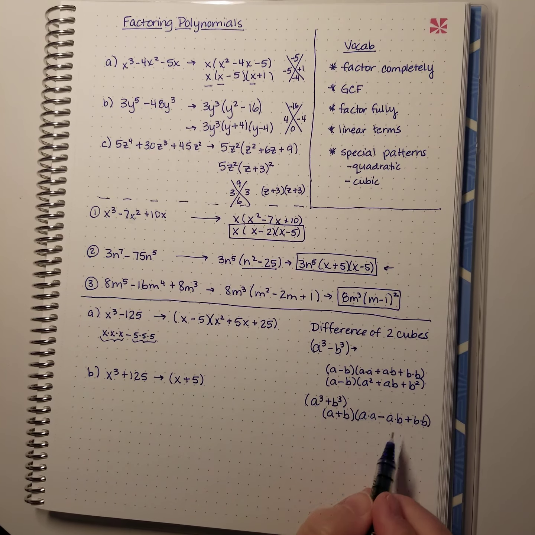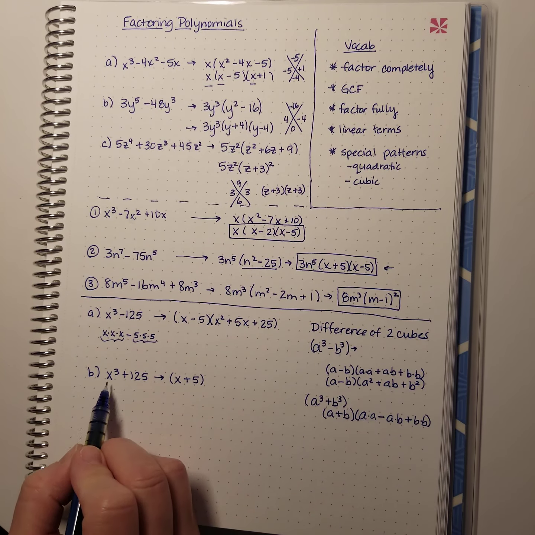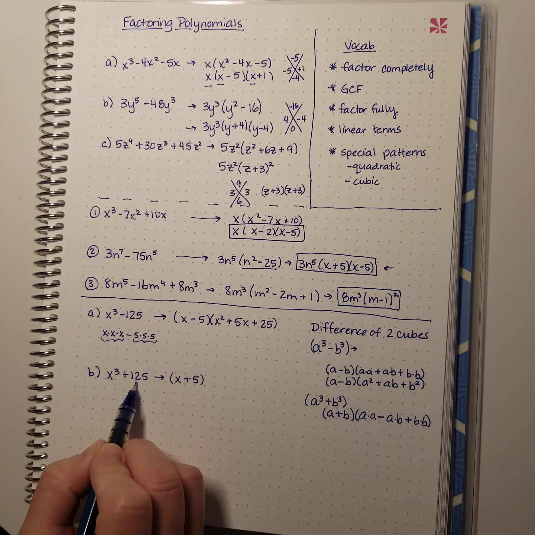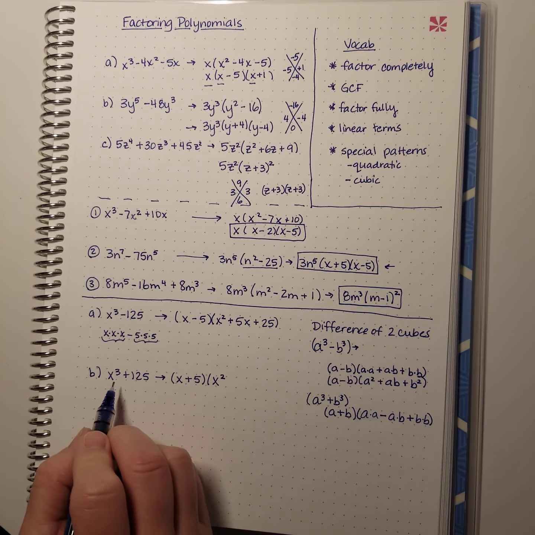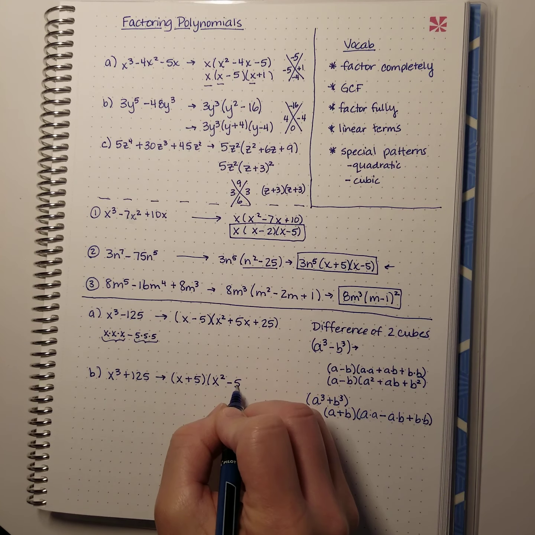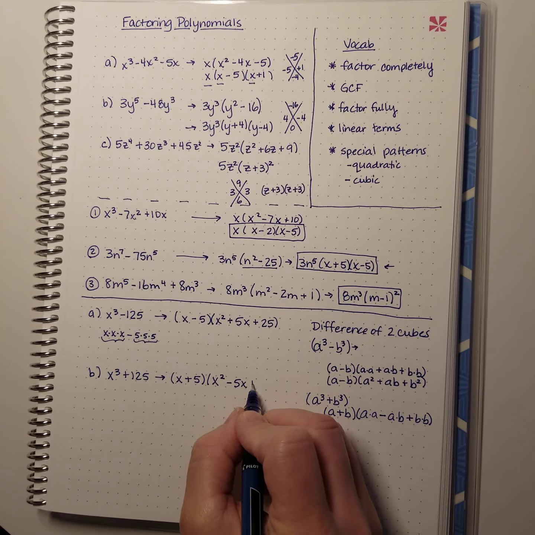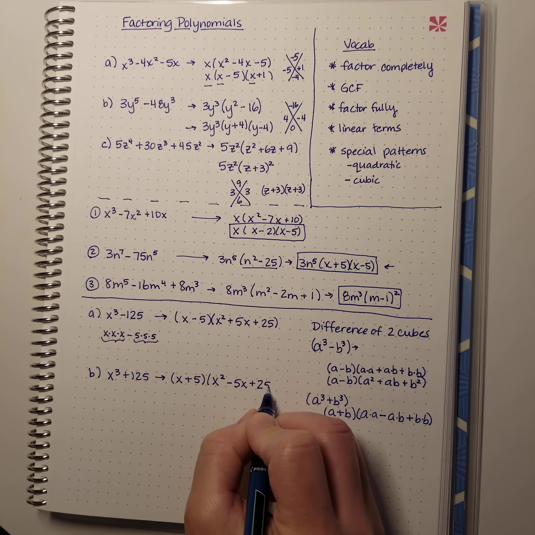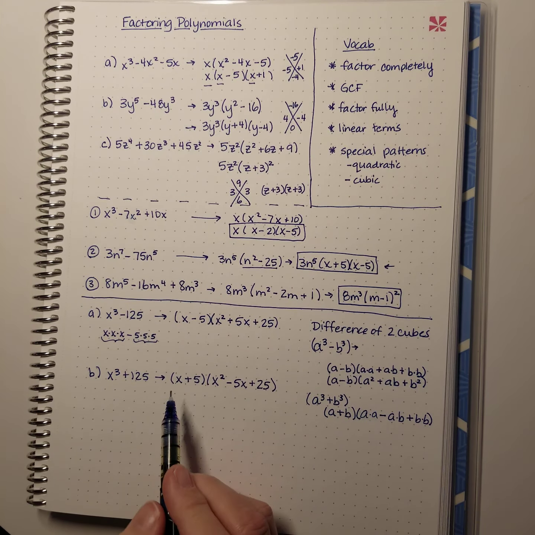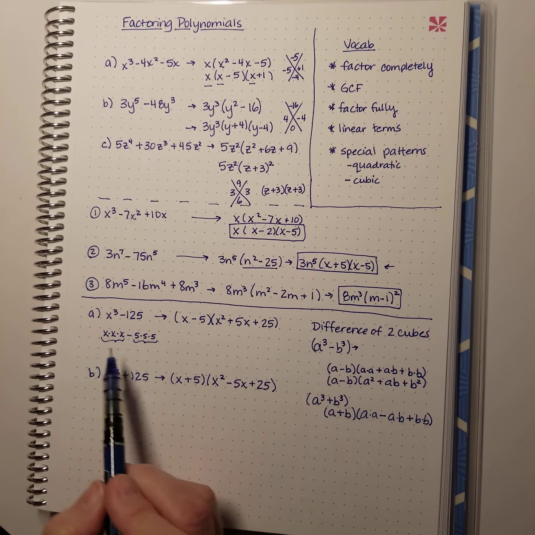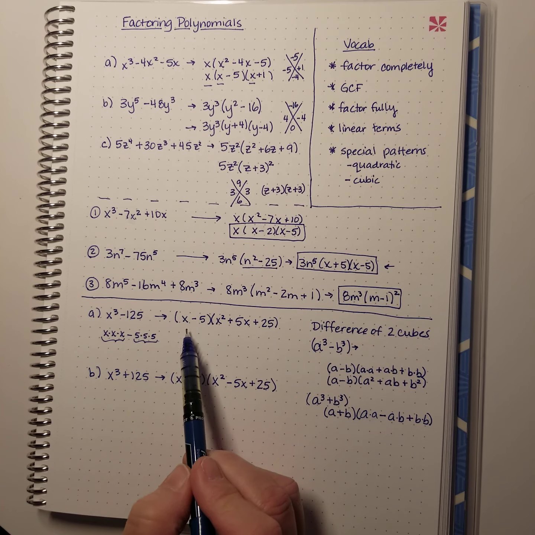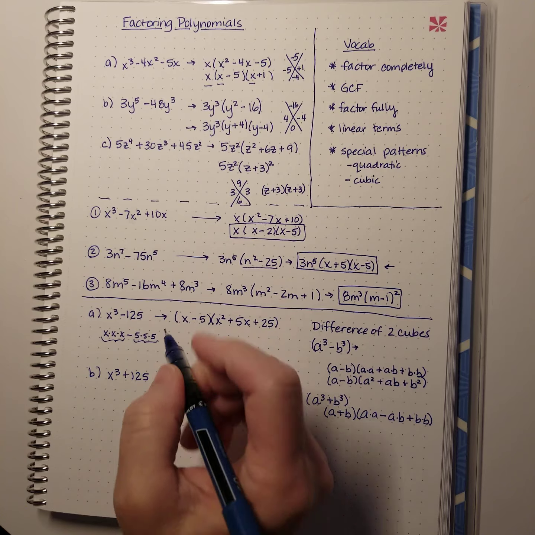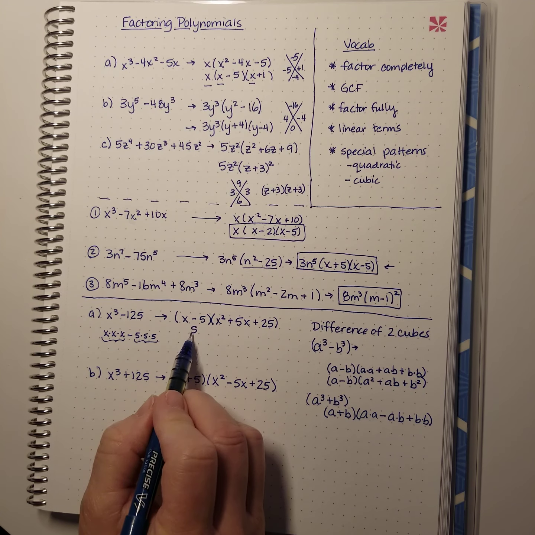Okay, so this is our pattern. So we're going to have a plus b, a is x, b is 5, times x squared minus 5x plus 5 squared, which is 25. So as far as the signs go here, we have the exact same terms because we have x and 5, x cubed, 5 cubed. The only thing that's different is in the first term, the binomial, you're going to have the same sign.